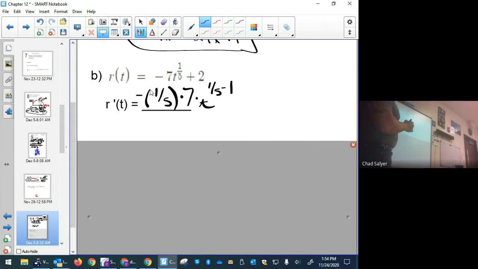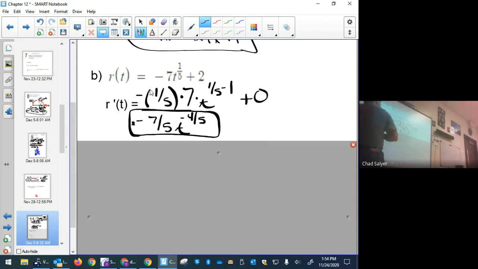So negative 1/5 times 7 times t to the 1/5 minus 1 power. And then this is a constant term, so it derives to 0. So that's negative 7 over 5t to the negative 4 over 5 power as my derivative.